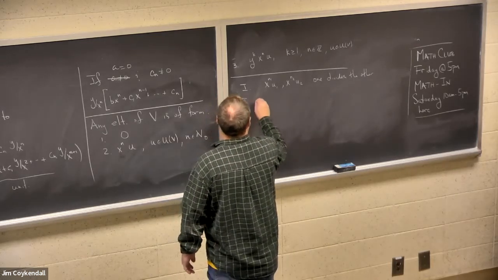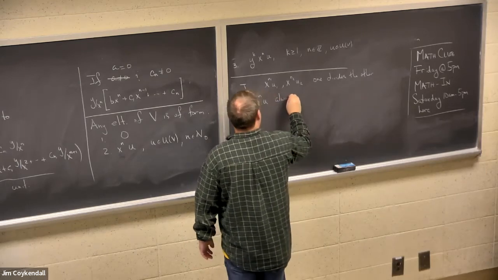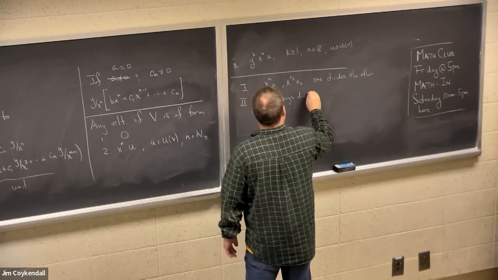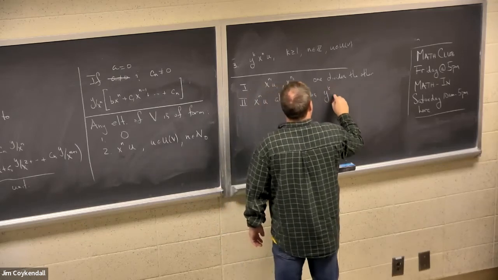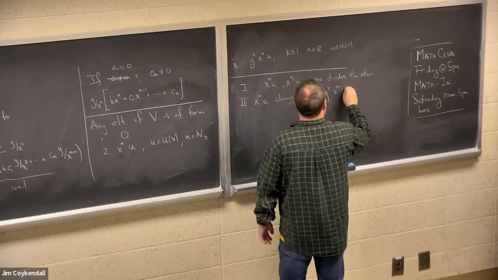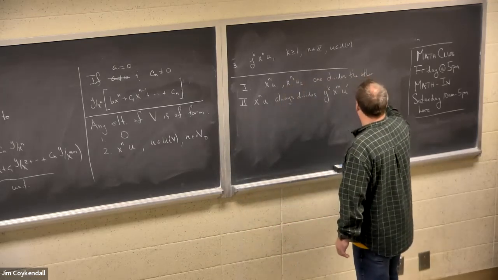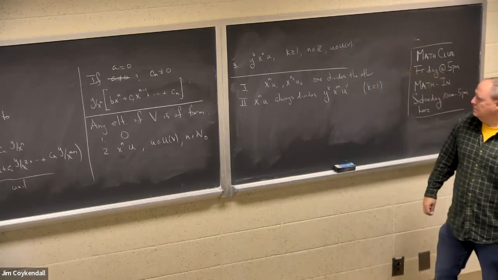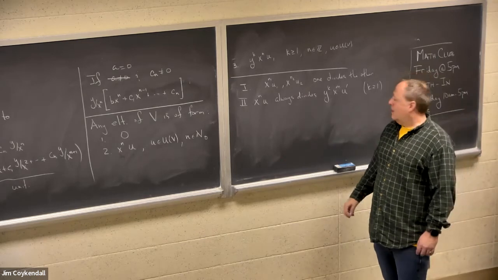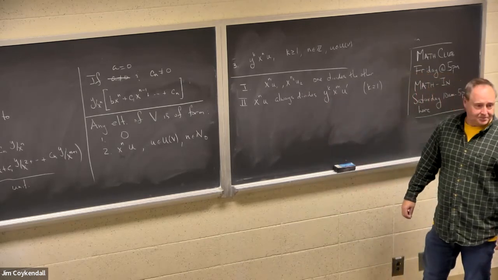Also, x to the n u always divides an element of the form y to the k x to the m u prime, where k is greater than or equal to 1, because you can always pull out as many x's as you want out of that.